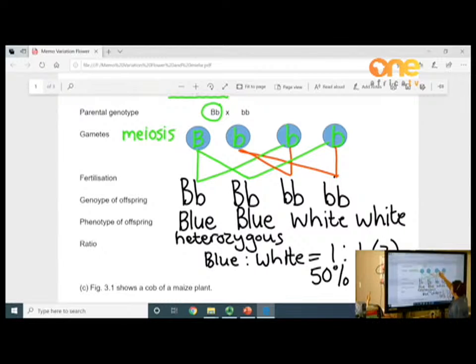Fertilization shows capital B, small b, small b, small b. The phenotype of the offspring is blue, blue, or white, white. So I can either have a heterozygous blue offspring or a white offspring. If they ask the ratio, this is the ratio. If they ask percentage, 1 out of 2 is 50%.